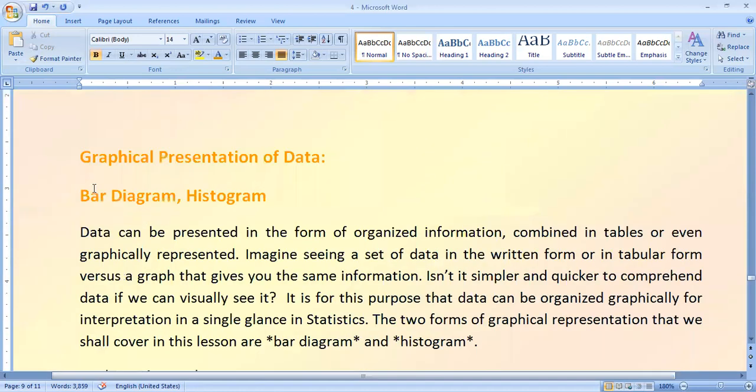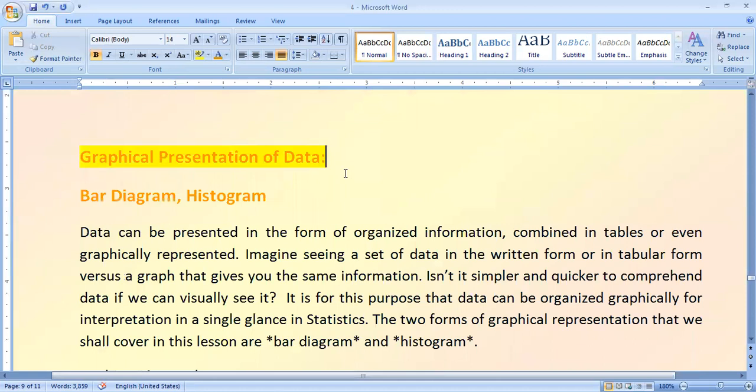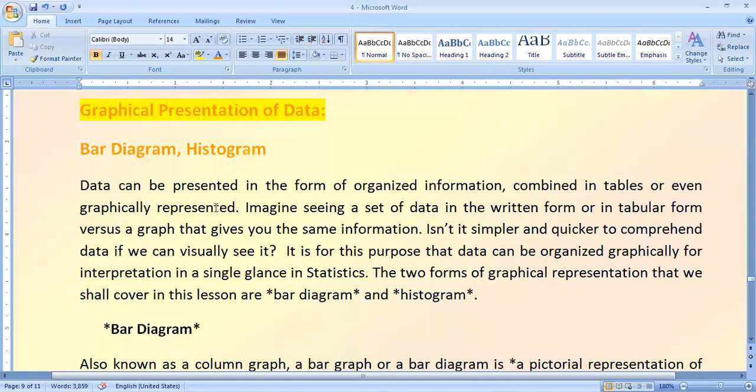And next, graphical representation of data: bar diagram or histogram. Data can be represented as organized information combined in tables and even graphically. Imagine seeing a set of data in written or tabular form versus a graph that gives you the same information.